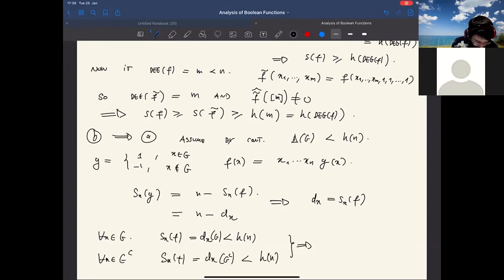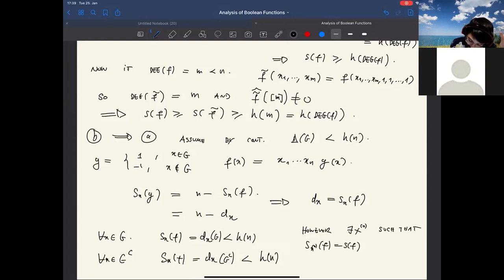However, there exists some x, say again x naught, such that the sensitivity of x naught of f is the sensitivity.